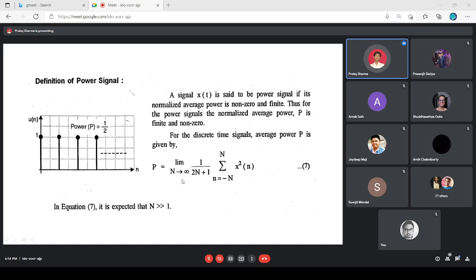N tending to infinity means the signal extends for infinite duration. So if N tends to infinity, we will obtain the average power for the discrete signal. This is a standard definition.